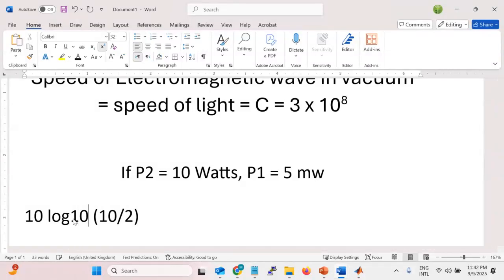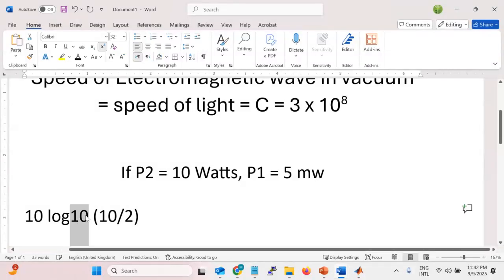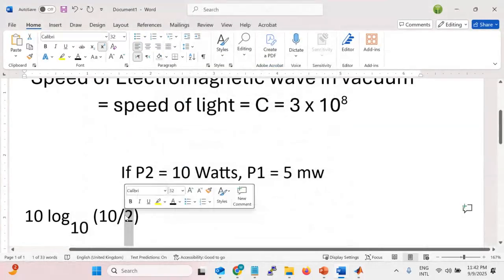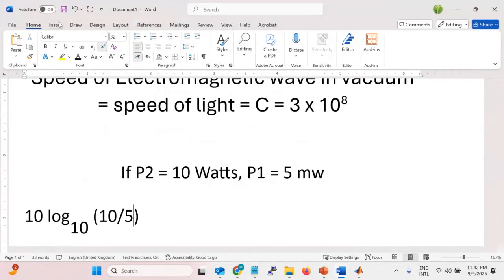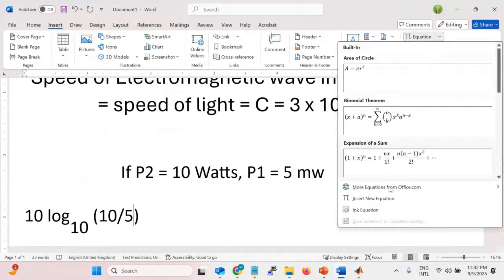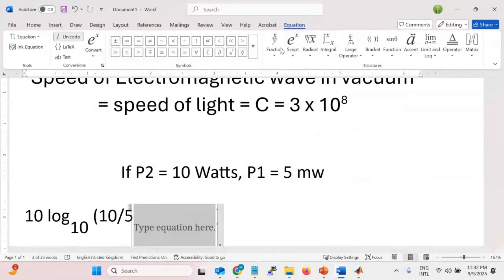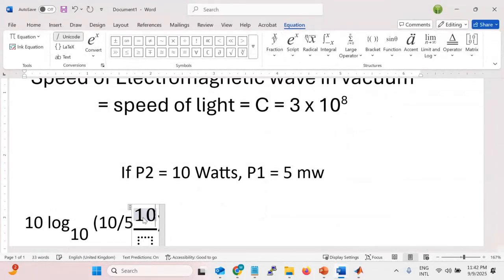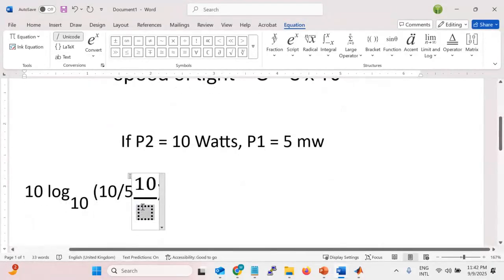For sure, this is log to the base 10. I will make it as a ratio, 10 over 5.